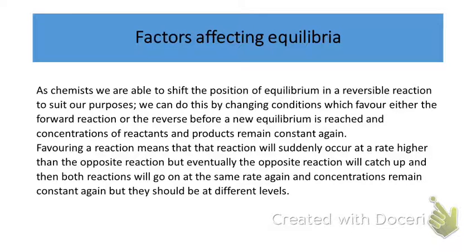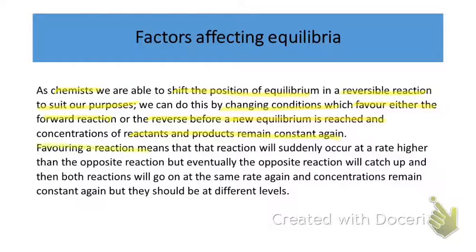Alright, so in summarizing what we just talked about, chemists are able to shift the equilibrium position in a reversible reaction in order to suit the purposes that we need. We can do this by changing the conditions of the equilibrium state, which then are going to favor either the forward reaction or the reverse reaction before a new equilibrium is reached, where the product and reactant concentrations again are going to be constant.